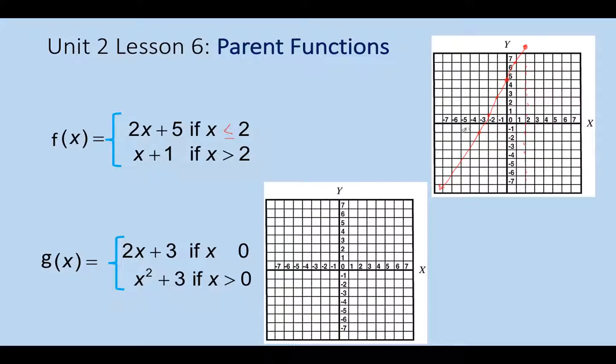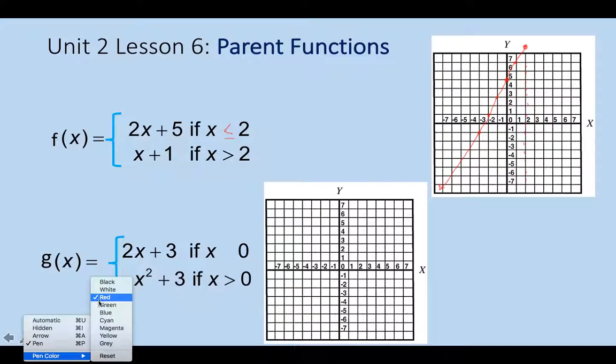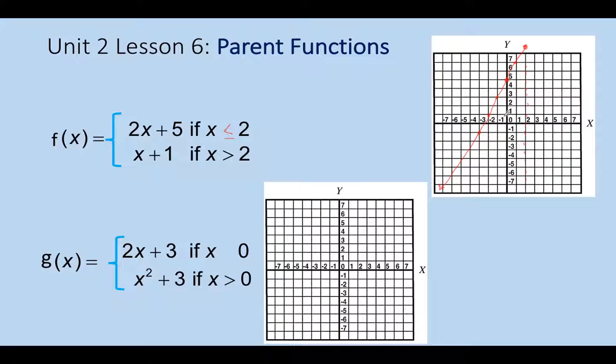At this point, I have x plus 1, but that's when x is greater than 2. And so at greater than 2, I have a y-intercept of 1. Here, I'll draw this in a different color. This isn't going to show up on my final draft. I would have a y-intercept of 1, and I have a slope of 1, so up 1 to the right 1, up 1 to the right 1.